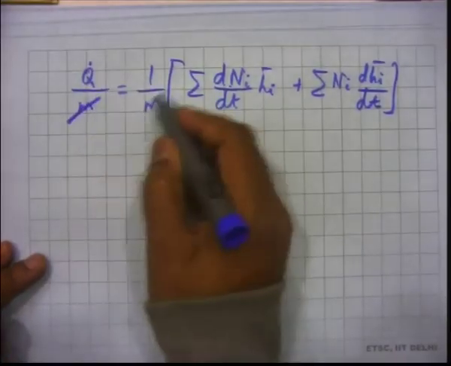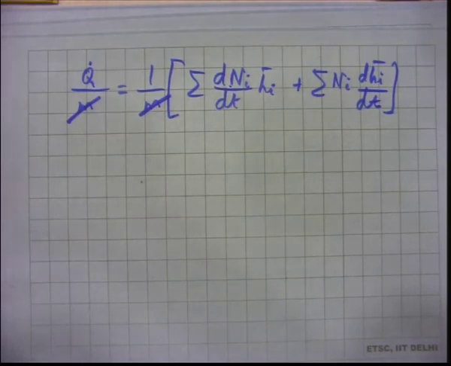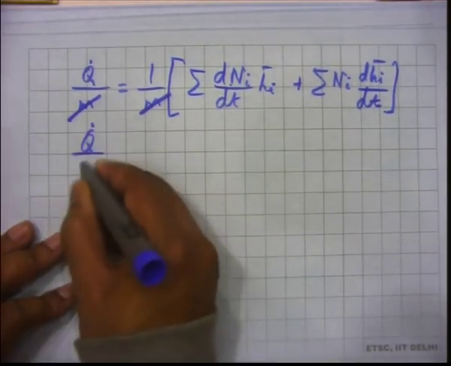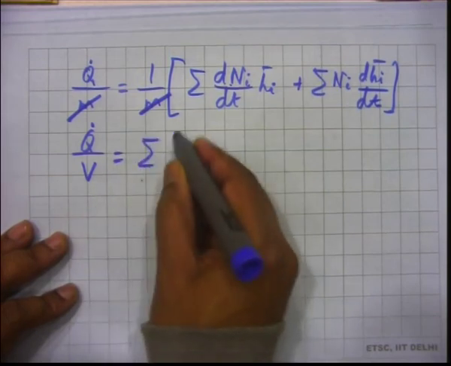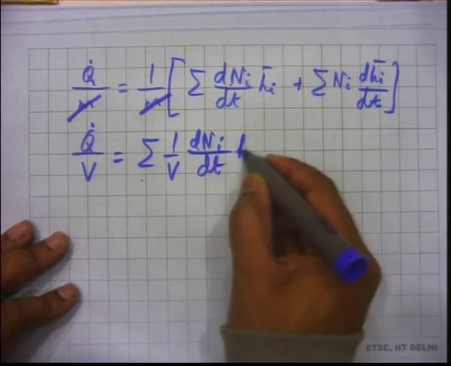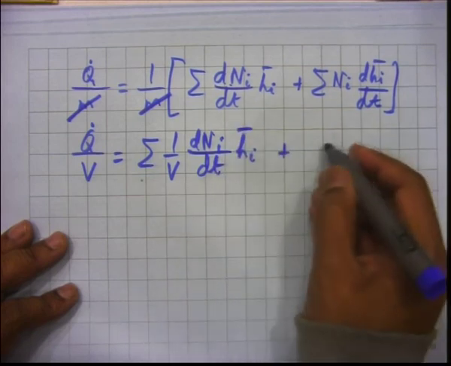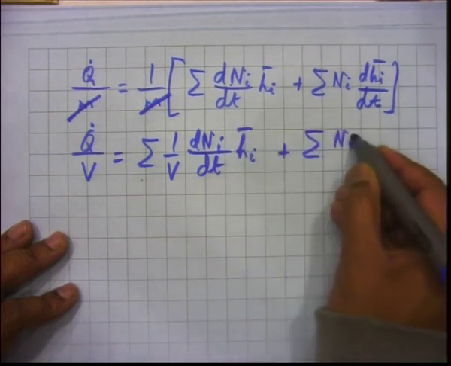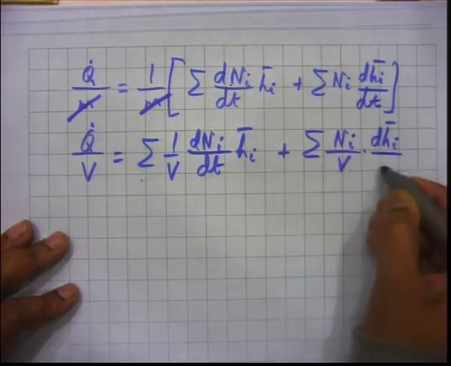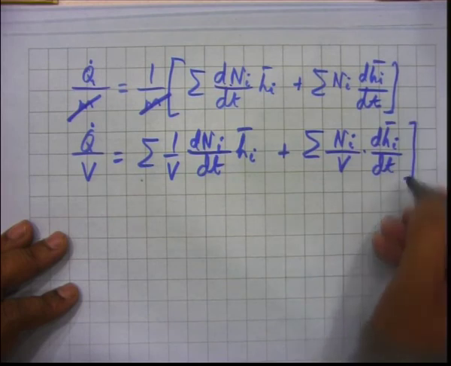We can in fact write Q dot by V as summation 1 over V dN_i dt h_i bar plus summation N_i by V dh_i bar dt.